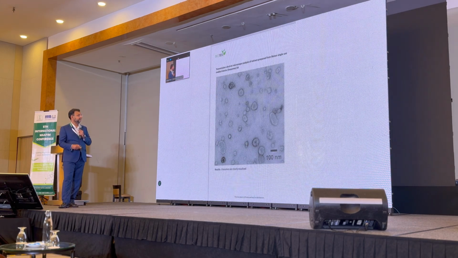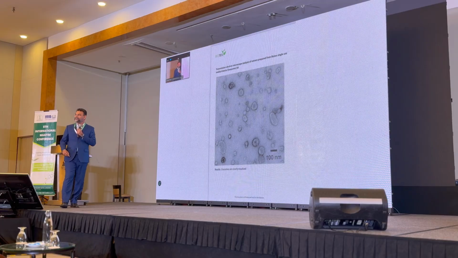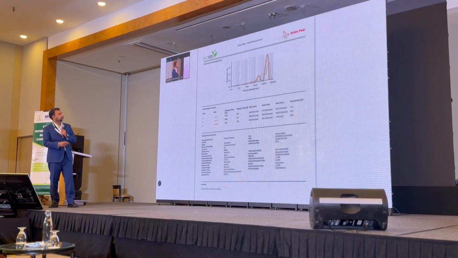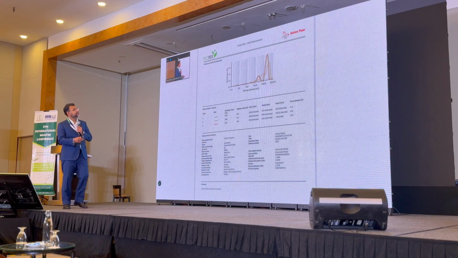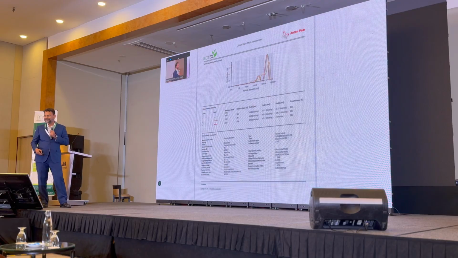Now, this is an electron microscopy showing the exosomes. As I said, exosome can be detected with electron microscopy. So we have done electron microscopy and we have quantified the number of exosomes. This is an Anton Paar machine. It's called a zetasizer. It tells us particle sizes.